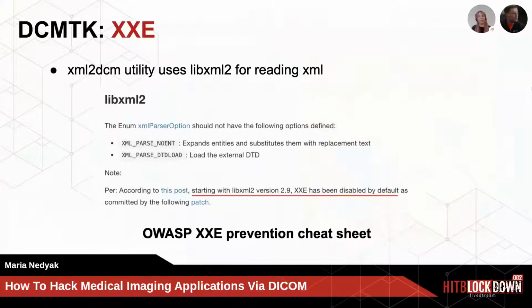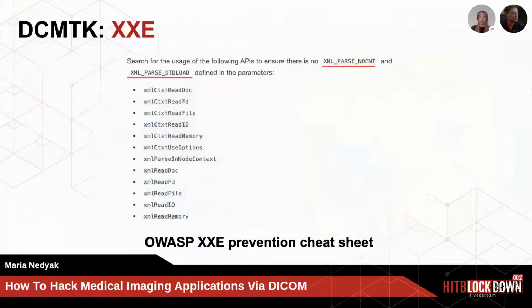Okay, DCMTK uses libxml for reading XML files. There is an Avast page where you can find some information about XXE prevention when you use the libxml library. Also, it says that from version 2.9 of libxml, the functionality of external entities has been disabled by default.